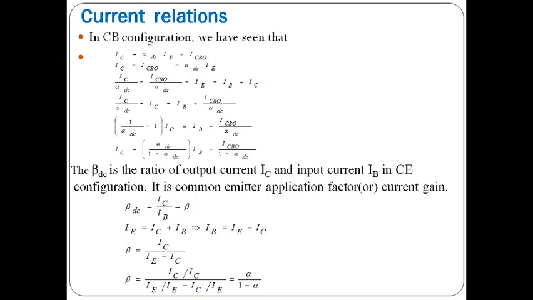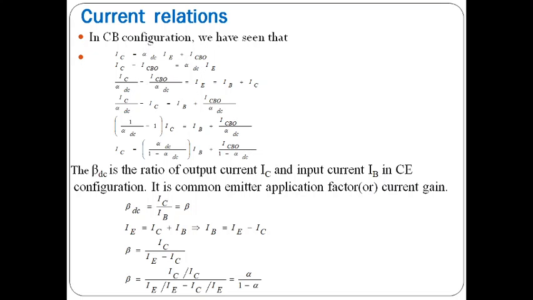Here the current amplification factor in common emitter is output current by input current, where output current is IC and input current is IB. It is denoted with beta DC, sometimes just beta. So we can write beta DC equals IC by IB, which also equals beta.